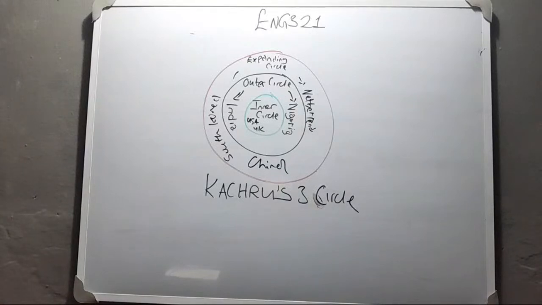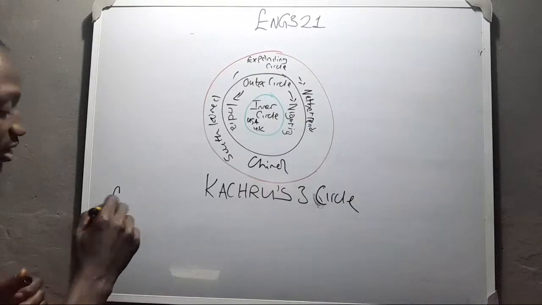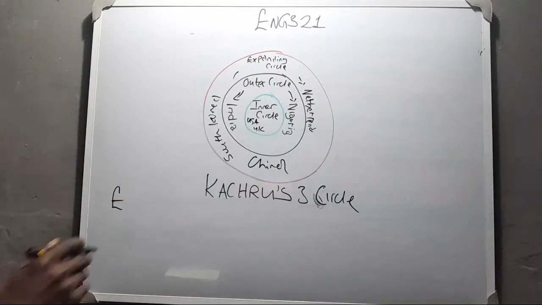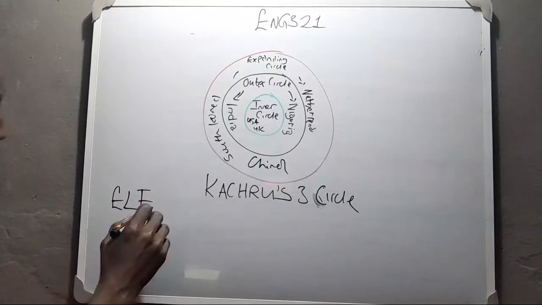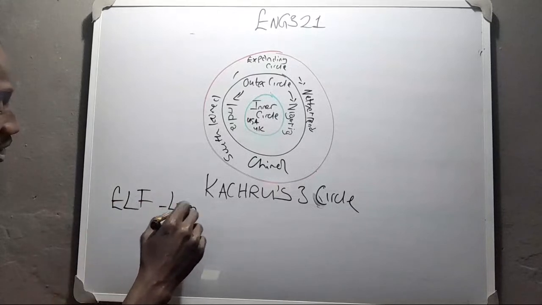Now, when we talk about English as a lingua franca, it explains a way of communication in English between speakers with different first languages. I think I should write that down.